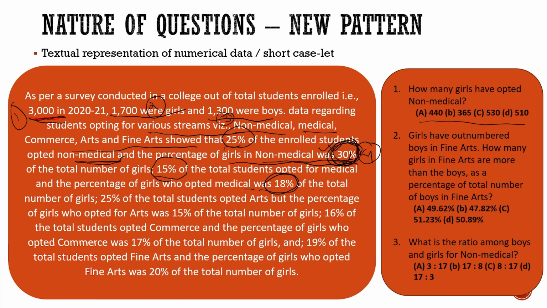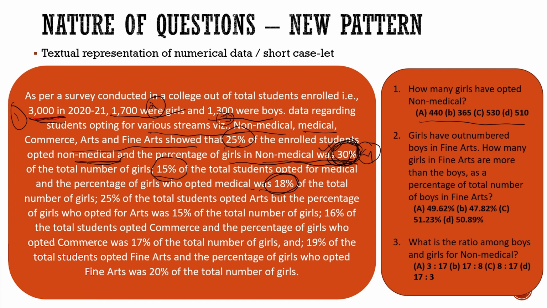So first you have to find out the absolute numbers given the percentage, and then you have to find out the ratio. Directly from percentage also you can find out the ratio. So there are different techniques of solving a particular numerical problem.